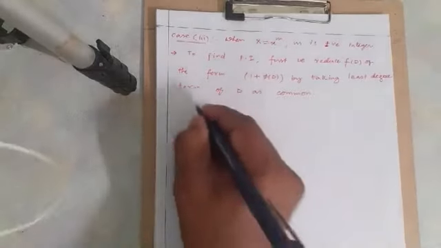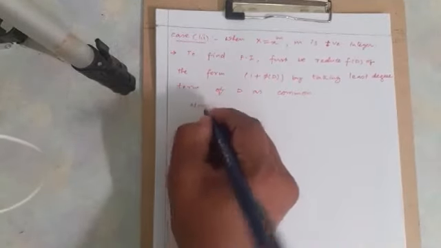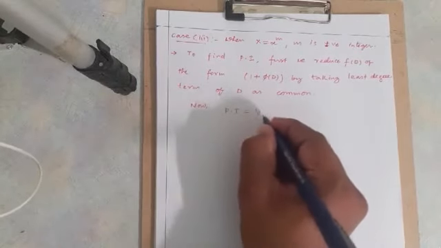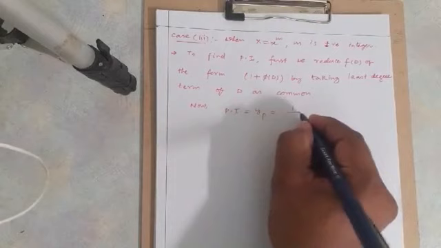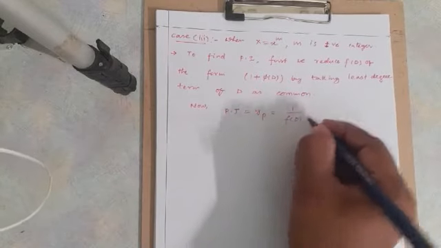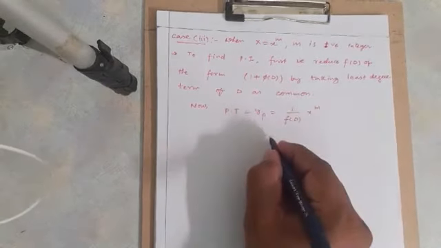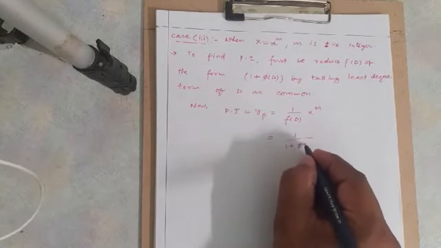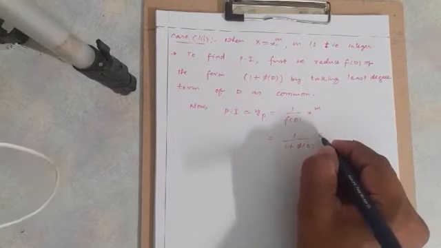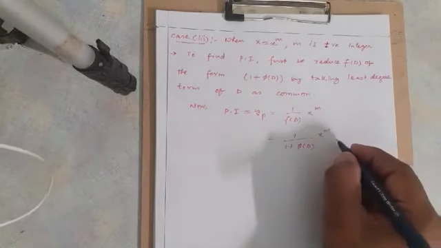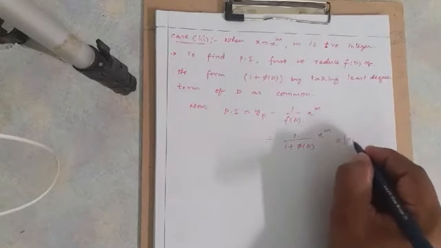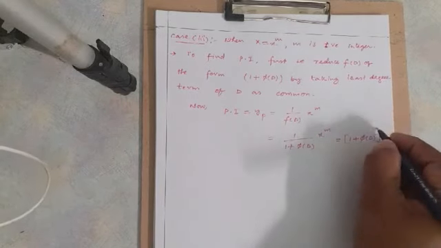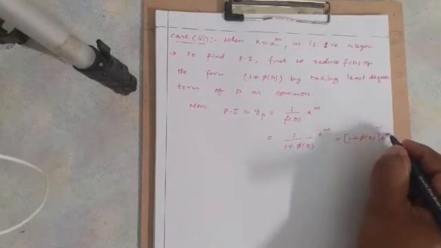Now the particular integral yp is equal to 1 upon f of D into x power m, that is equal to 1 upon 1 plus phi of D into x power m, that can be written as 1 plus phi of D whole power minus 1 into x power m.